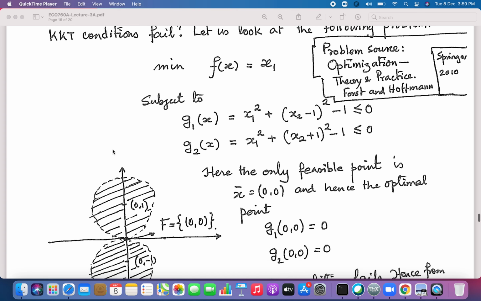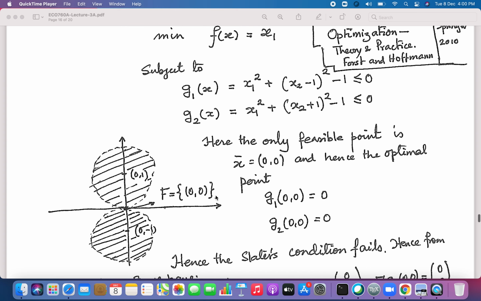Here is a problem which will show you that if the Slater condition fails, your KKT condition may not hold. You are minimizing the function f of x, where f is a function of two variables, f(x1, x2) equal to x1. g1(x) is the circle of radius 1 centered at (0, 1), and g2(x) is defined through a circular disk along with the circular boundary of radius 1 centered at (0, -1).